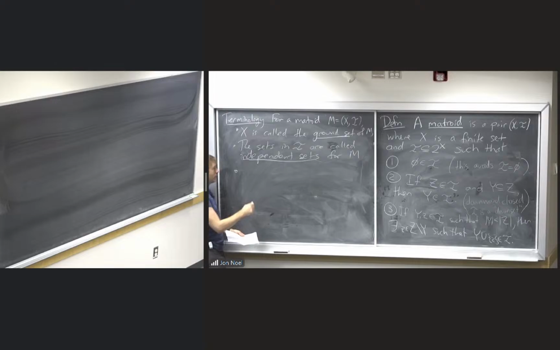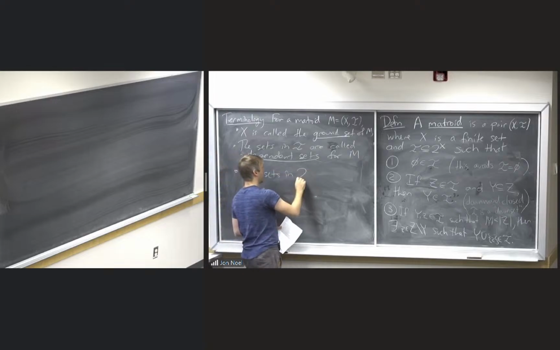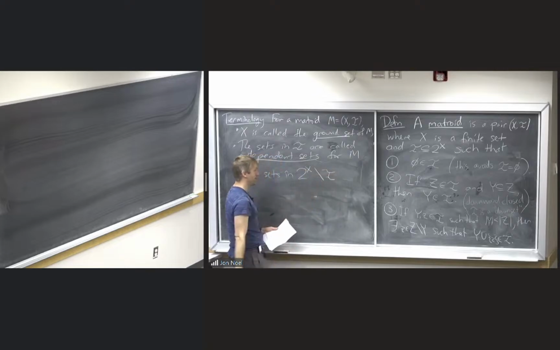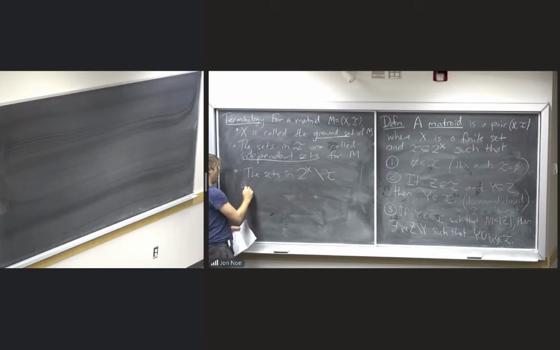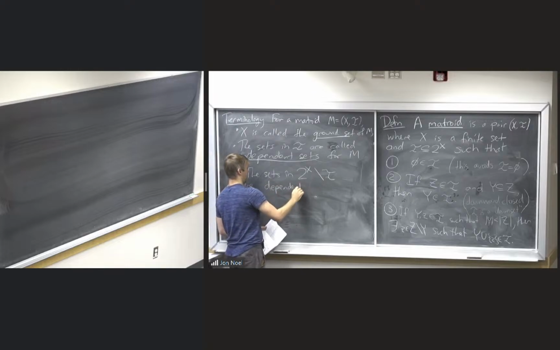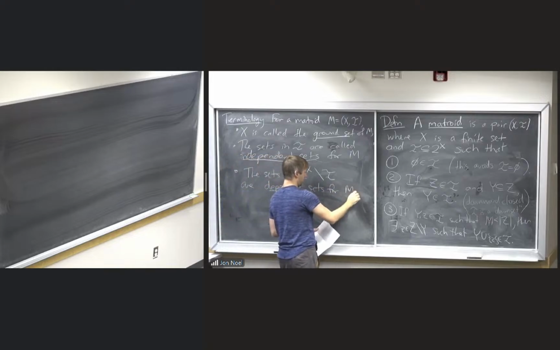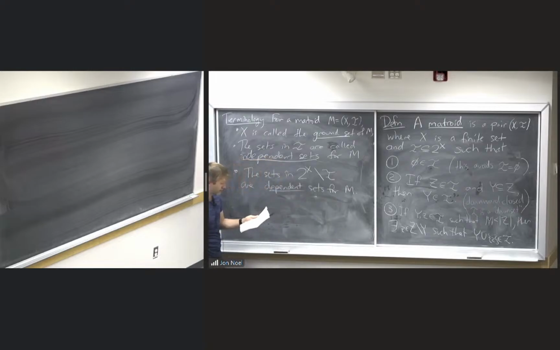So the sets in 2 to the X minus I, all the things that are not independent, are dependent sets for the matroid M.